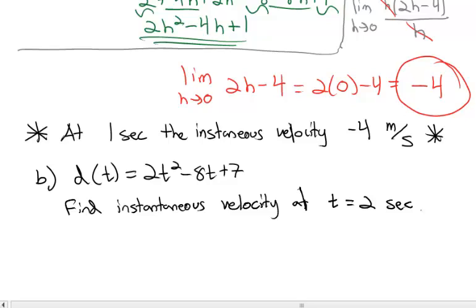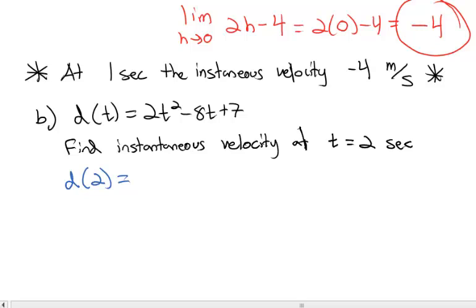How are things changing at the moment of 2 seconds? Is it getting closer? Is it getting farther? How fast is it moving? Let's find out. We know to find out the instantaneous velocity, we're going to have to find out what d of 2 is, and also what d of 2 plus h is. Those are the 2 parts that we're going to use in our formula.